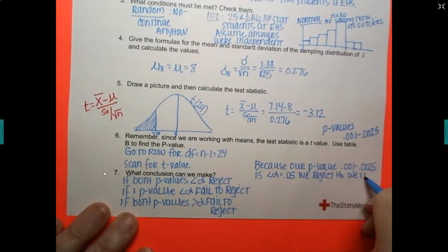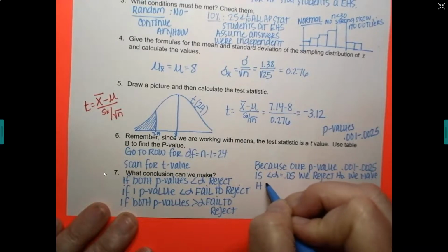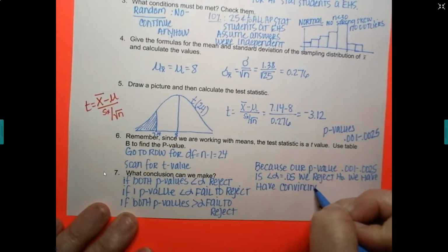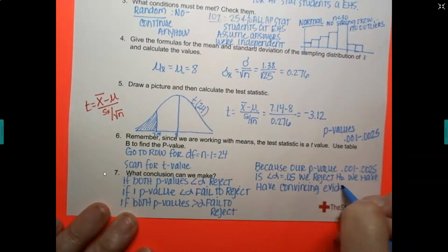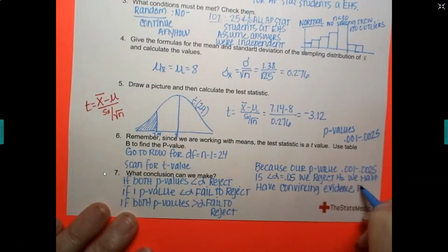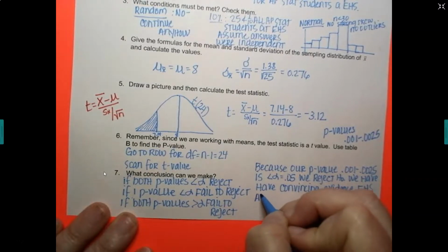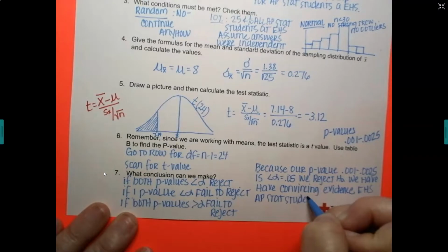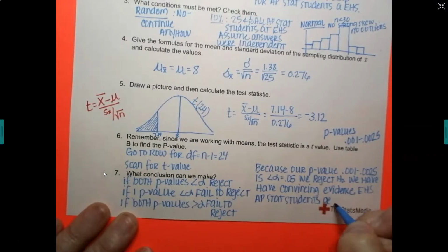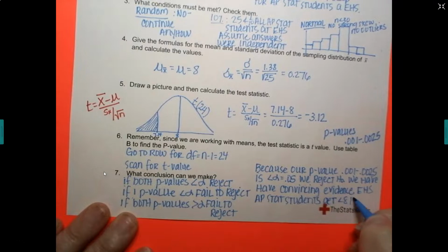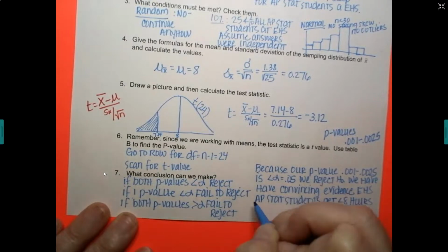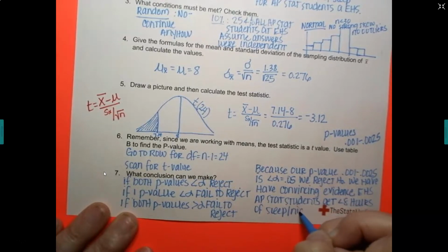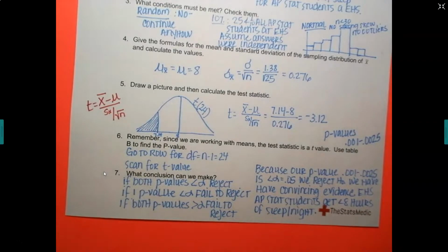We have convincing evidence Etowah High School AP Stat students get less than 8 hours of sleep a night. All right, so we have convincing evidence here.